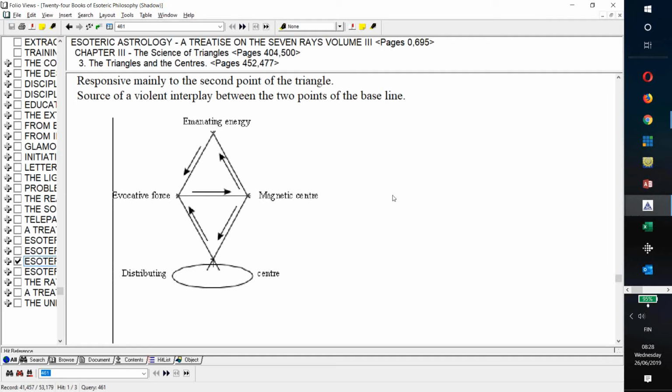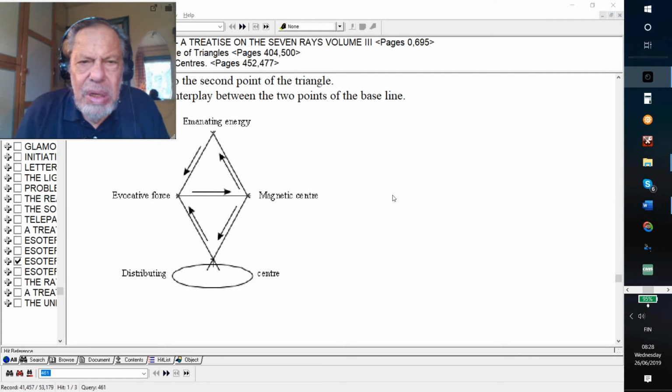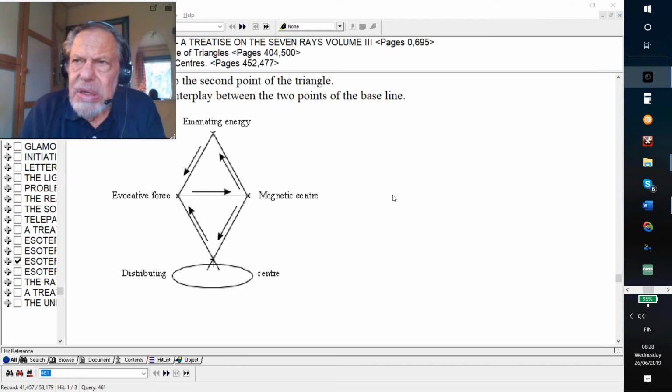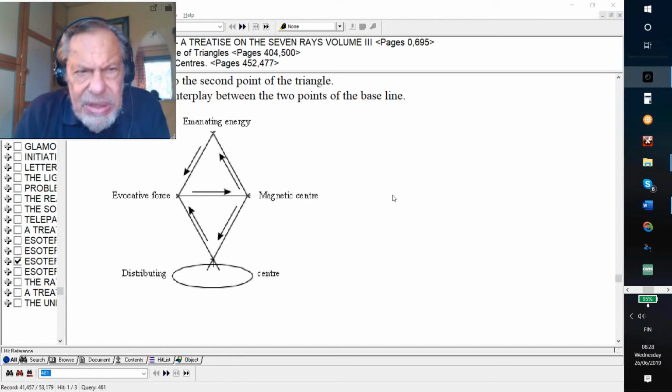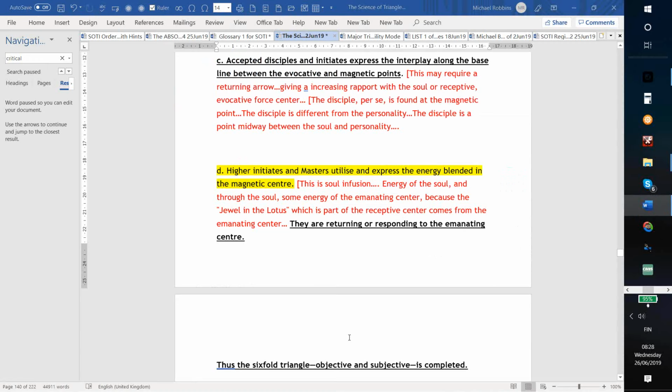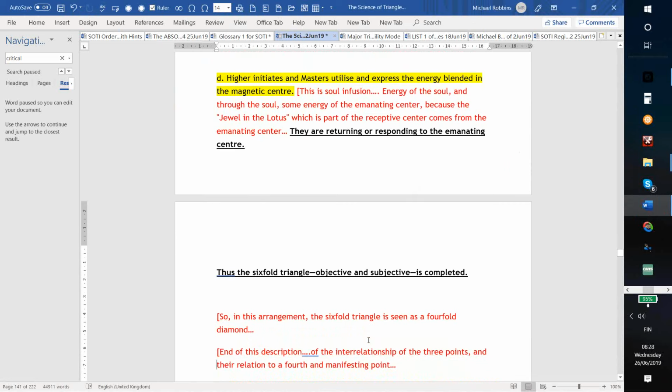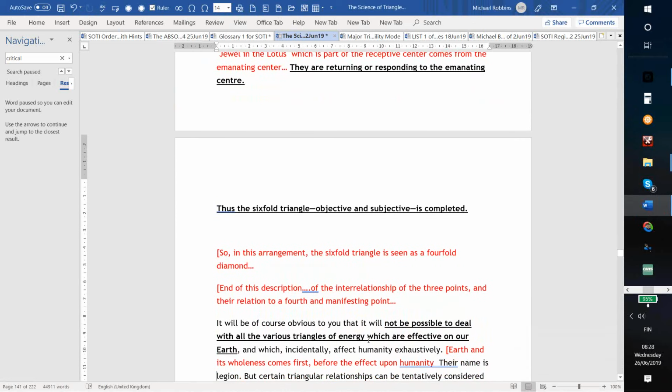Now, maybe a while before that connection is perfect, and I would say the complete return to the emanating center, complete return, not just contact, doesn't really happen until the sixth initiation. Okay? A little more. Thus, the sixfold triangle, objective and subjective, is completed.